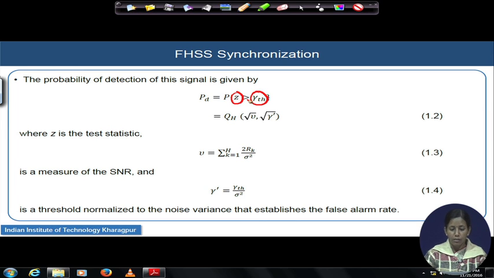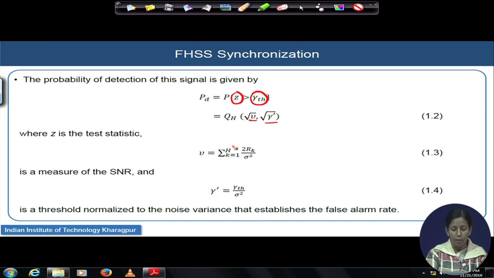And this probability function can be well approximated by the Q function, where the Q function parameter has a dependency on two basic parameters. One is nu, another is gamma dash, where nu is nothing but the sum of all the SNRs of each and every hopping interval or every hopping tone.